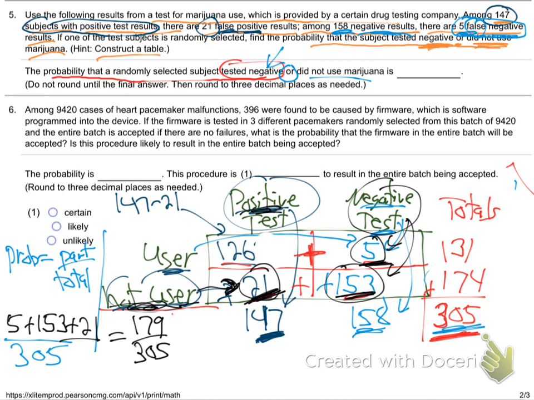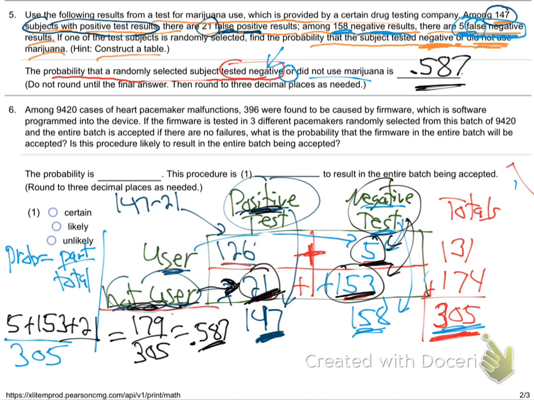Yeah, and then just divide in your calculator. 179 over 305. I'm getting 0.586, and then you round it. It'd be 0.587, rounded to three places.